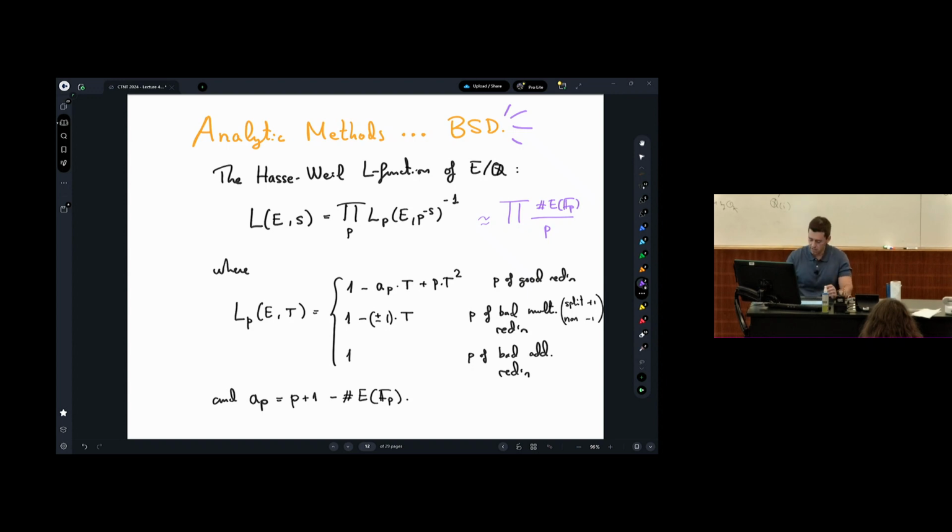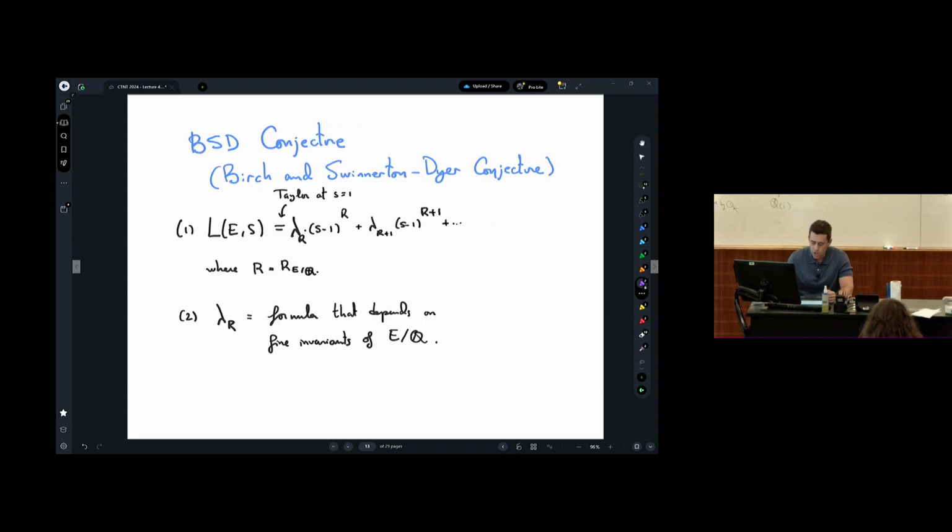So anyway, this is the modern formulation: the L function, the growth at s equals 1 of their product, when you invert it, would give you a zero of a certain multiplicity.